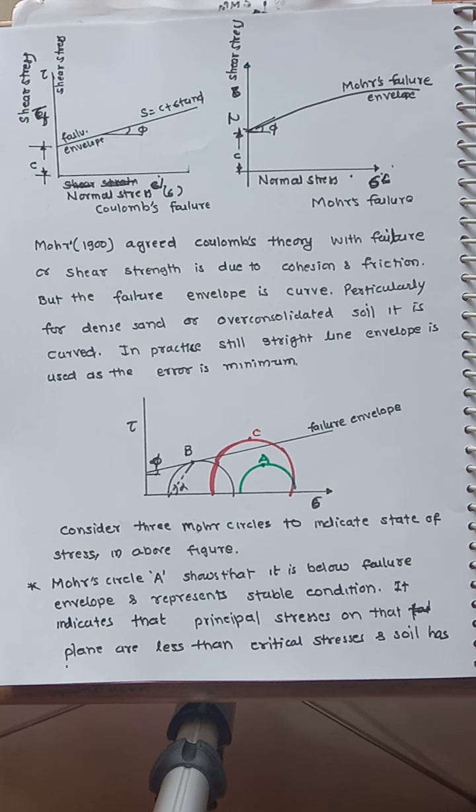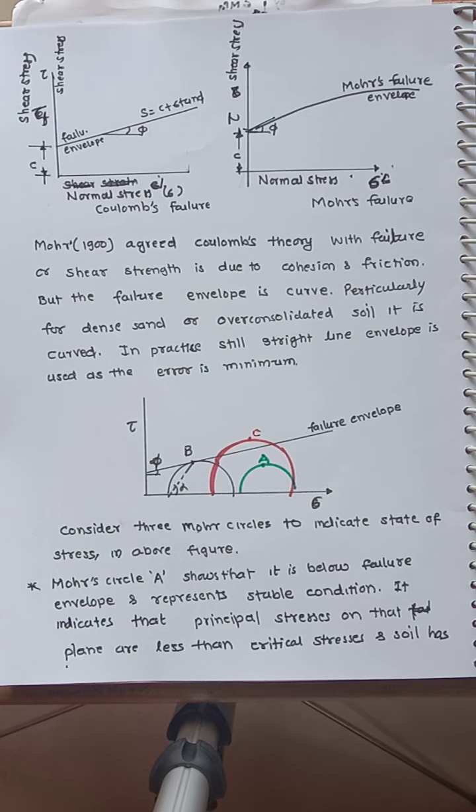Okay, so this is the Coulomb theory. What Mohr plotted was that in the beginning the relationship is the same, sigma versus tau, but instead of a straight line it is a curve, mostly a non-linear curve. The analysis of this non-linear curve is very difficult.